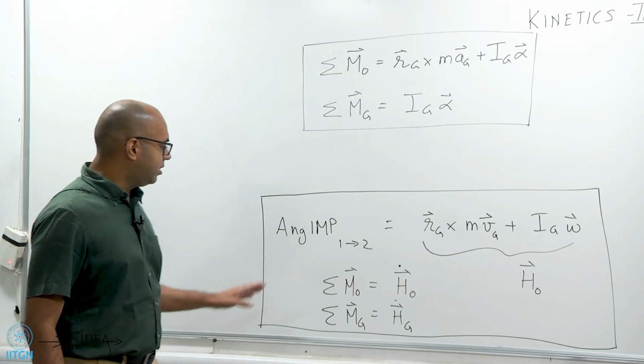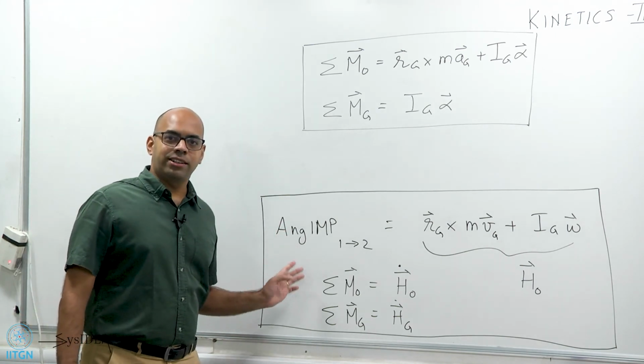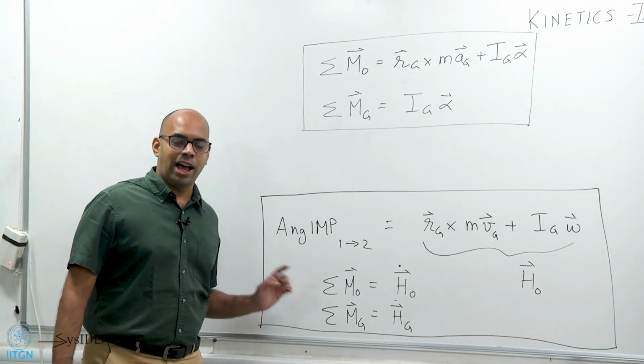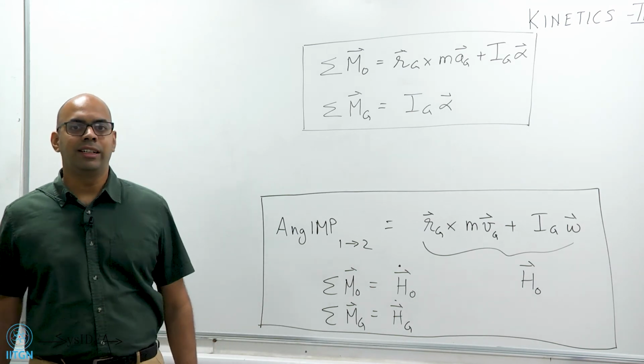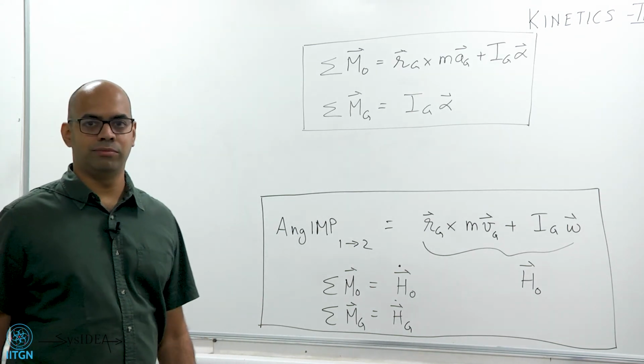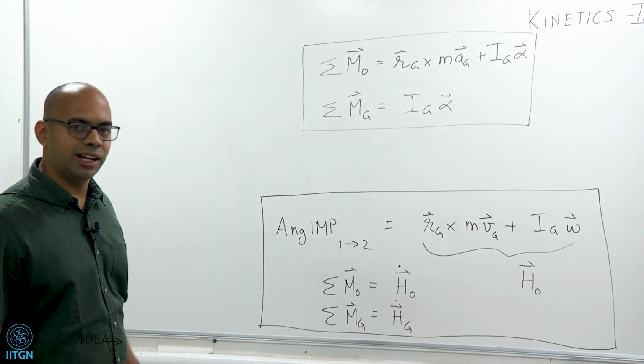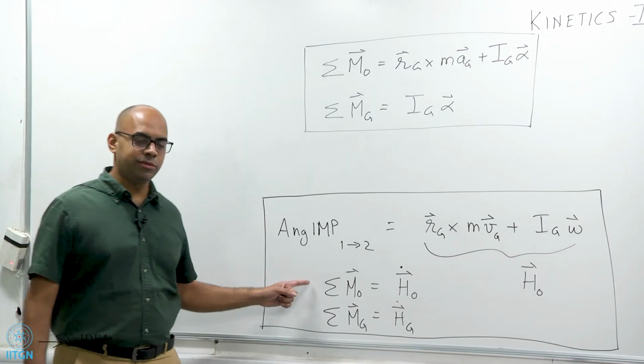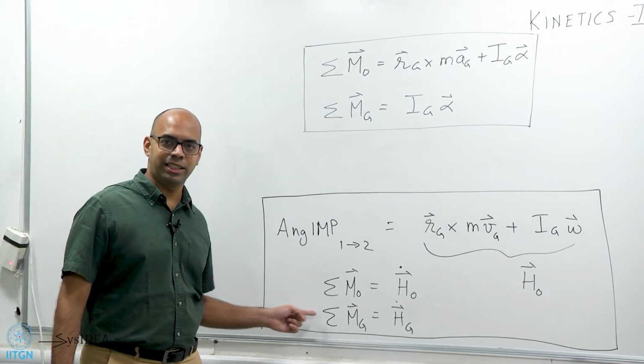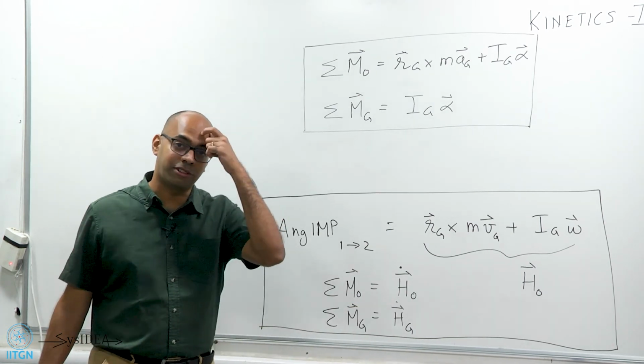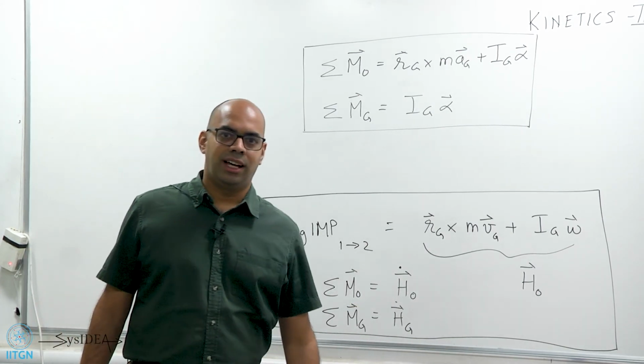Okay, coming back, there are a number of other interesting things that come out of angular momentum. The gyroscopic effect that most of you are already familiar with, again comes out of this simple equation right here, and you can see it as just sum of moments is equal to rate of change of angular momentum.